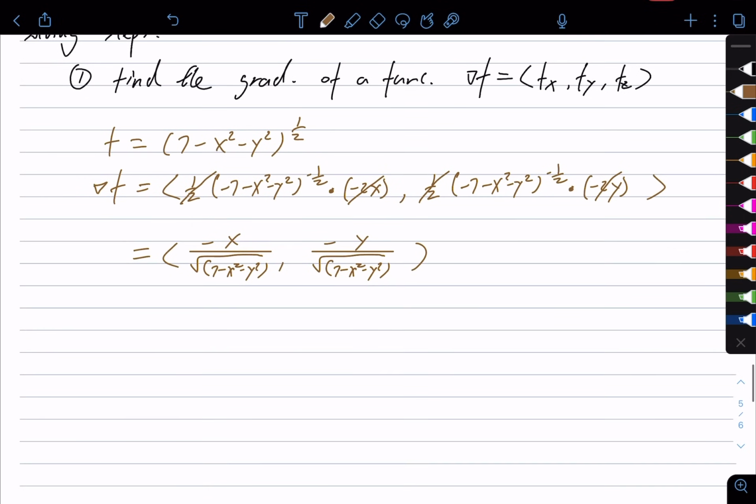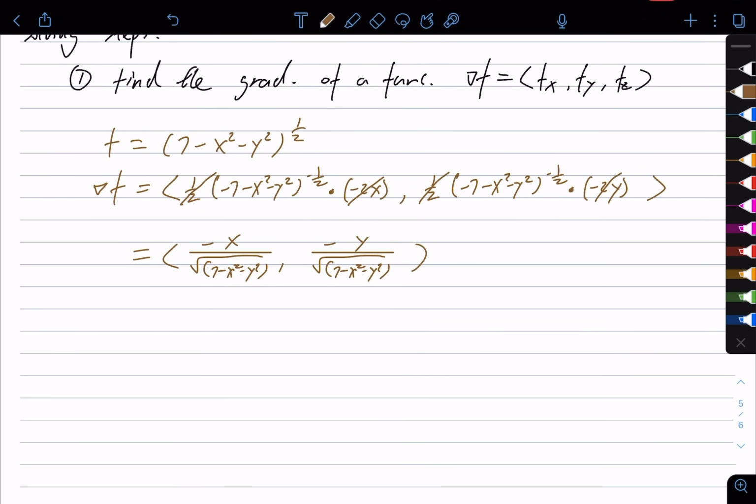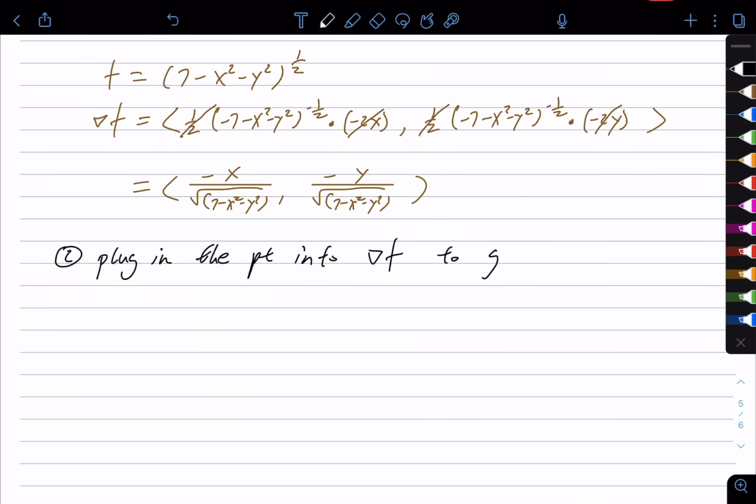This is our gradient. Now that we have the gradient, the natural thing to do is plug a point into the gradient to get the maximum rate of change, or ROC, which is the steepest ascent.